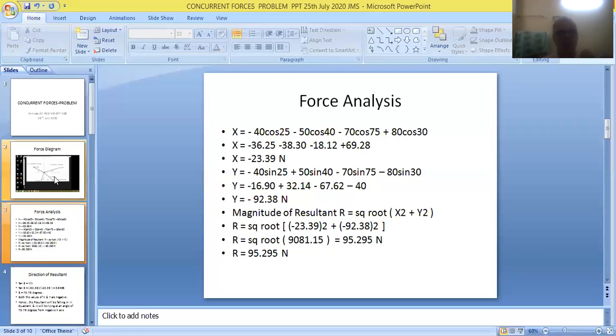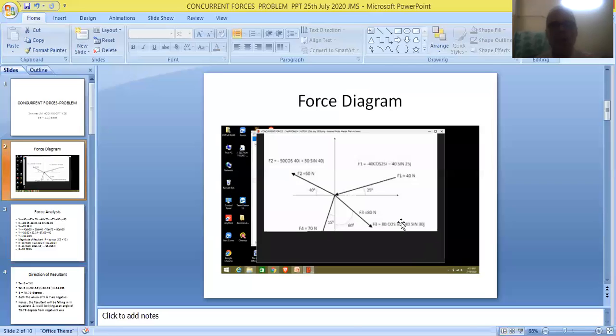So friends, we go back to this slide. So these are already given. So minus, as I've already told you, minus 40 cos 25, it's acting in reverse direction. Minus 40 sin 25 vertical component, it's acting in downward direction.